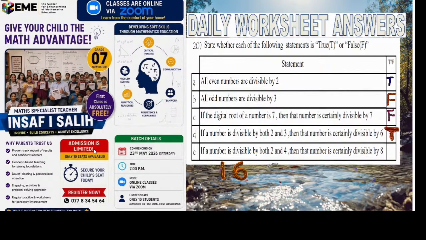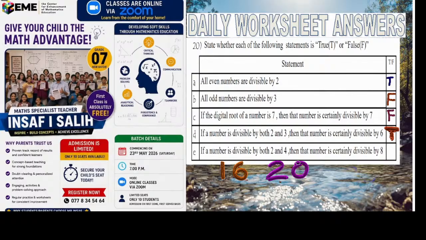Alright, let's think of another number which is divisible by both 2 and 4. How about 20? 20 is divisible by both 2 and 4. But is 20 divisible by 8? Does 20 come in the 8 times table? No, it doesn't. So what does that mean?